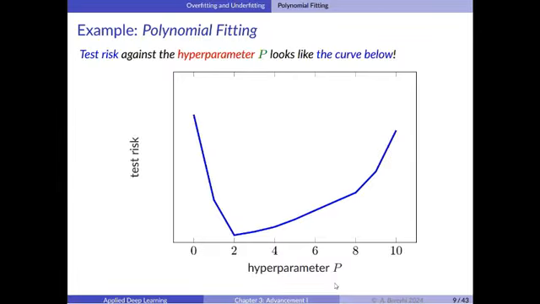It's a beautiful plot that you can see for the hyperparameter and test error. This curve shows that up to some point increasing is good, and after that point it's not good.